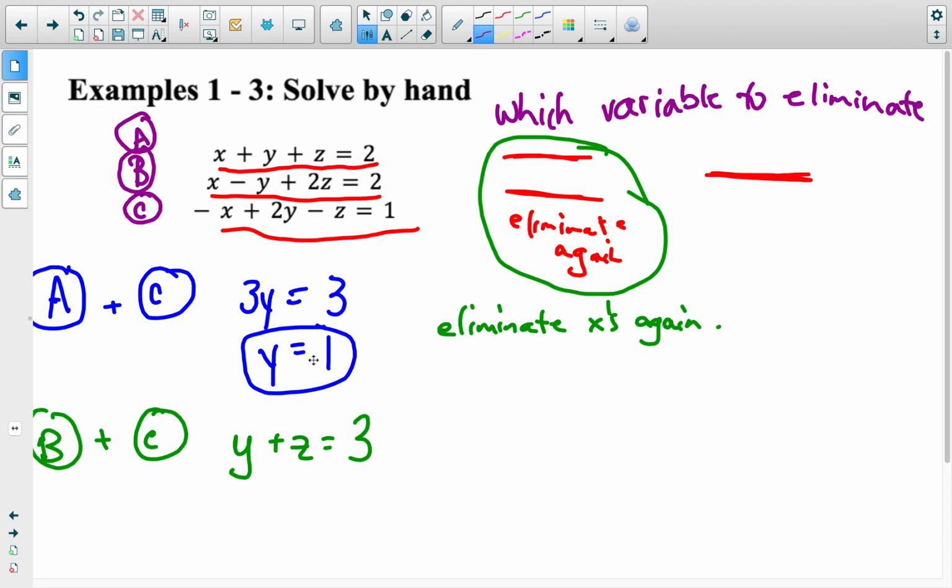So I know that y equals 1, and I know that y plus z equals 3. I can use this piece of information and substitute 1 in for y, and it tells me that z equals 2. So now I know y, I know z. I can back substitute into the original equation.